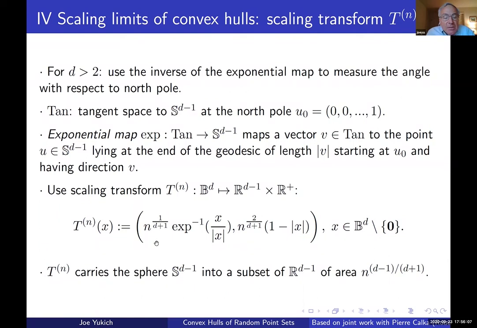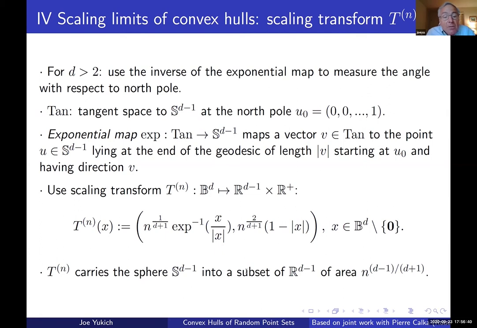And it carries the sphere into a subset of the hyperplane R^(d-1) having area n to the d minus 1 over d plus 1. Each of the d minus 1 components here is scaled up by a factor of n to the 1 over d plus 1, giving us that the sphere maps into a region having this area roughly.